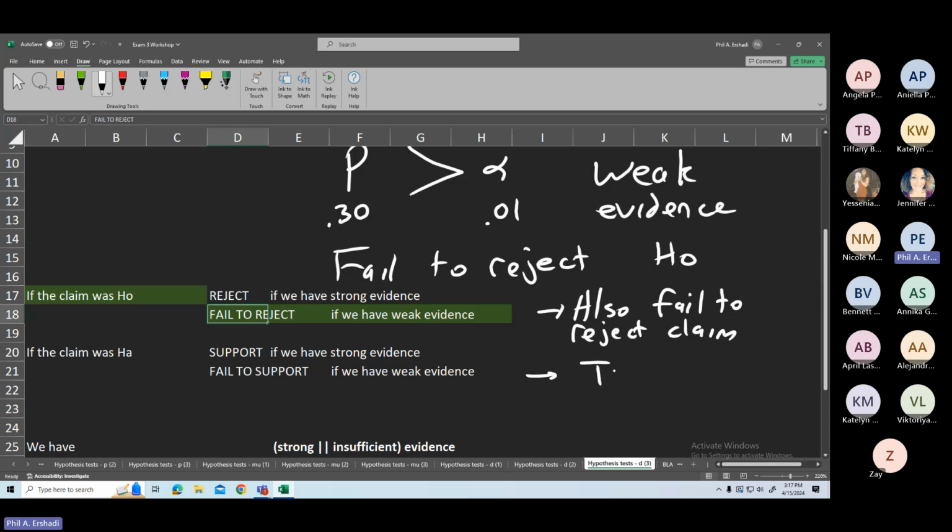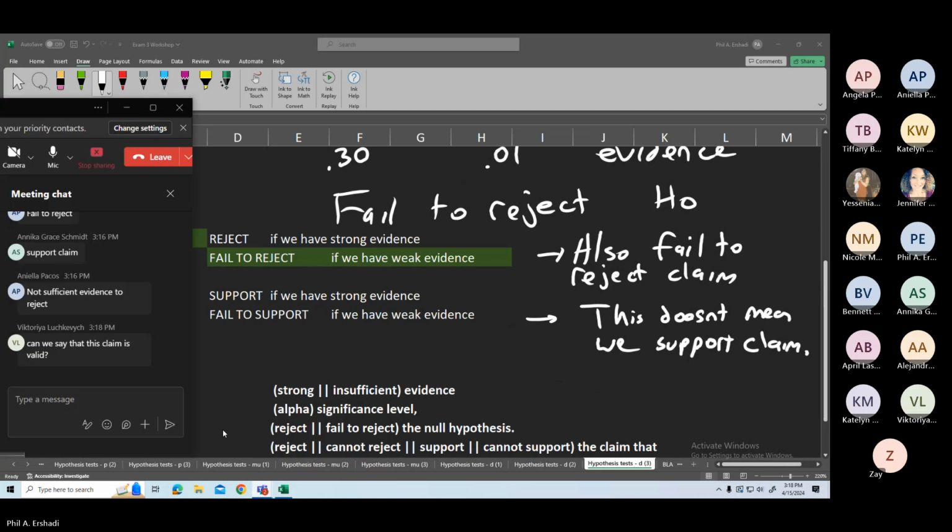So just because we fail to reject it, this doesn't mean we can support it. Those are not the same thing at all. We can't actually say the claim's valid.